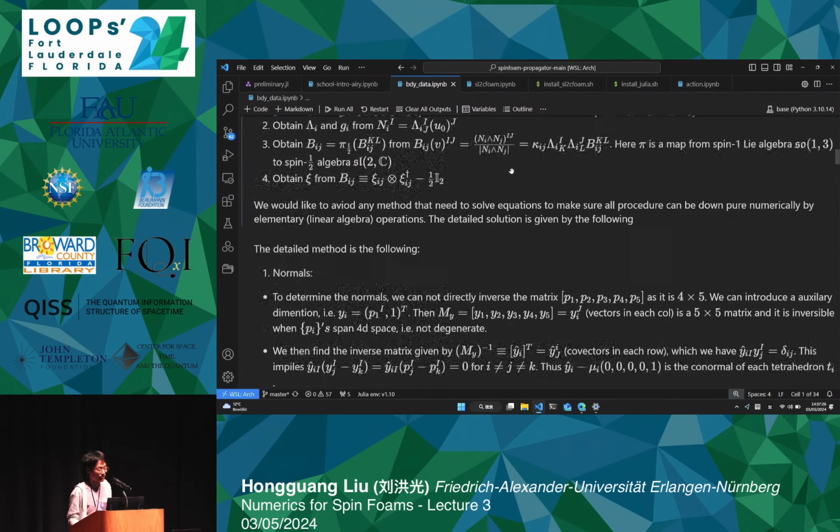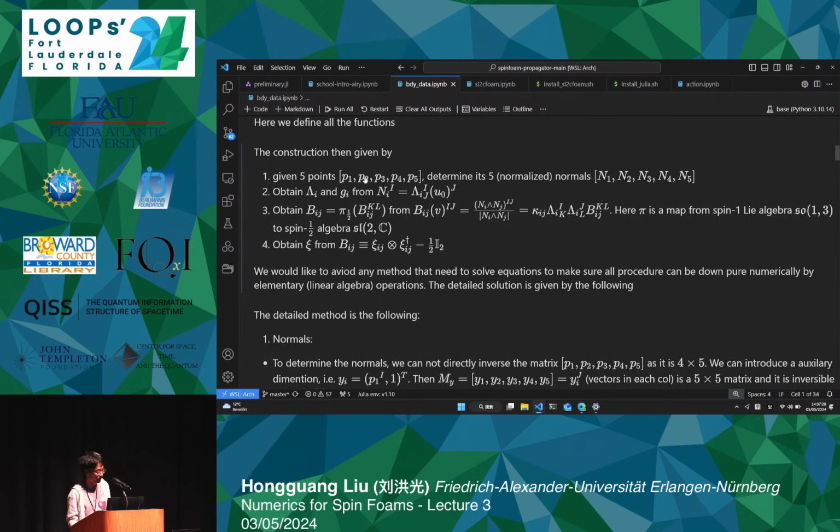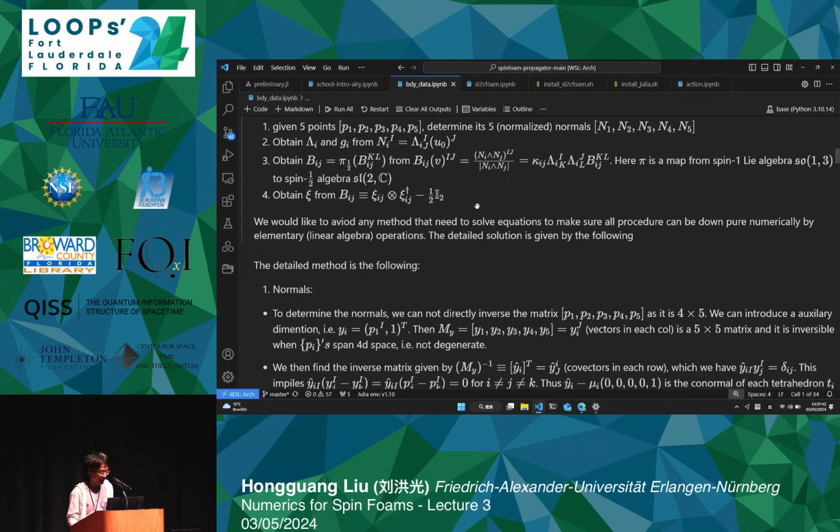There are many methods, but one good method is to avoid anything where we need to solve an equation. For example, when we build the normals from edges, because 5 points give you 10 edge vectors, the easiest way is to solve an equation that the normal is orthogonal to the edge vectors you have. But we would like to avoid solving equations, because usually this is hard in numerical calculations.